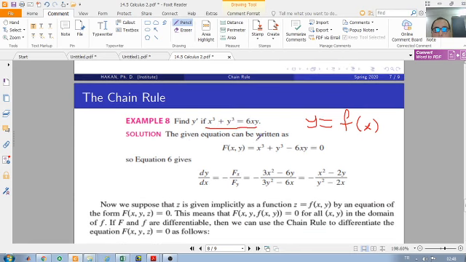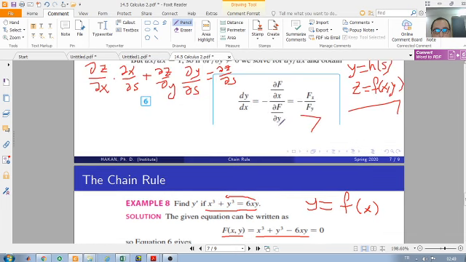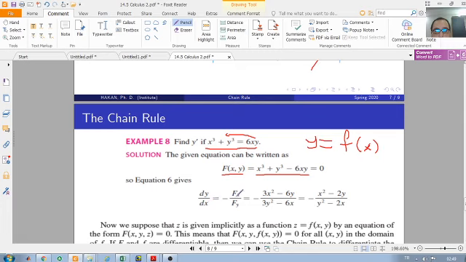So the given equation can be written as, writing this one to the left side, is equal to 0. So we have bigger F of x, y, which is written in this form, and the formula gives dy over dx is equal to minus the partial derivative of bigger F with respect to x over the partial derivative of bigger F with respect to y, and it is equal to minus the derivative of this one with respect to x, which is equal to 3x squared, minus the second one is 0, third one is equal to minus 6y, and similarly you can find the denominator.